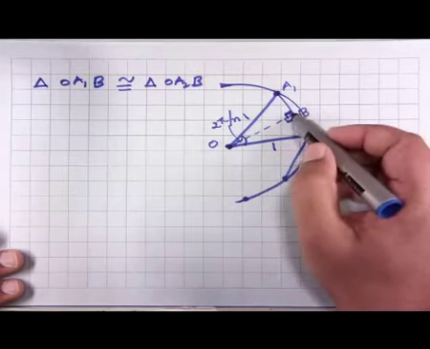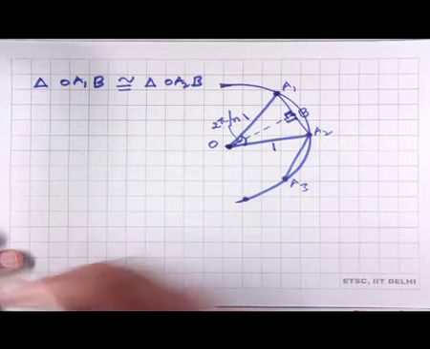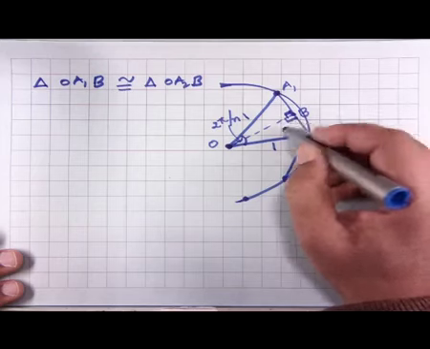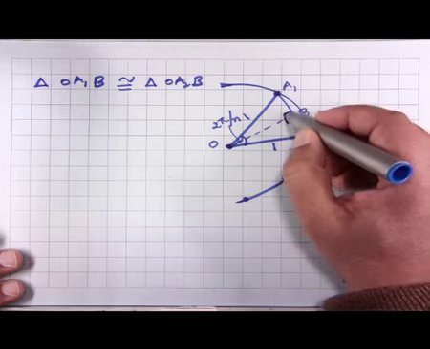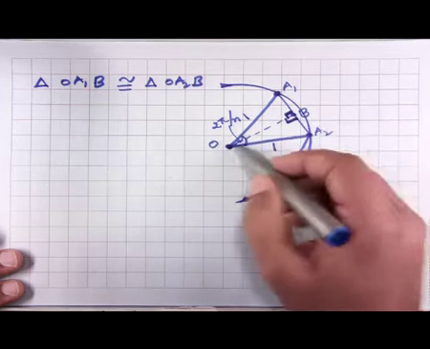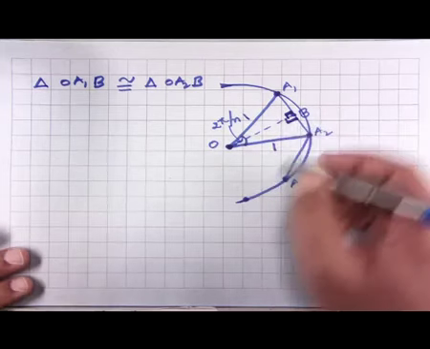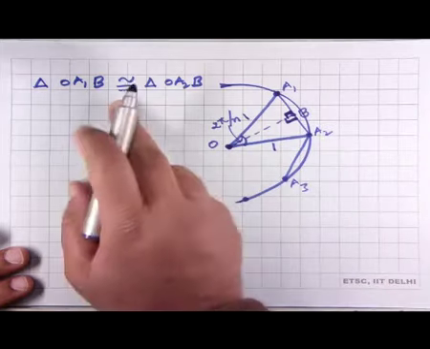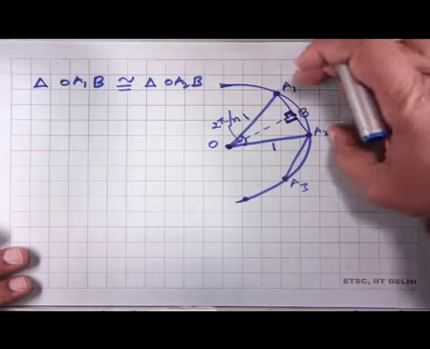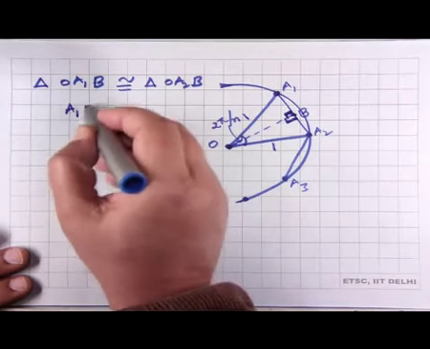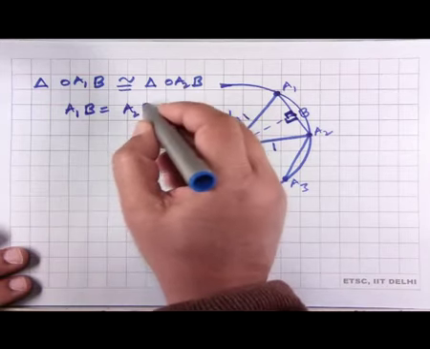So, OA1B, this right angle triangle, and OA2B are congruent because of the fact that we have a 90 degree here, their hypotenuse is of equal length, and they also have a common side, right. So, both of them are right angle triangles, and therefore, because they are congruent, it is easy to see that this point B is actually the midpoint of A1 A2. So, A1B is equal to A2B.